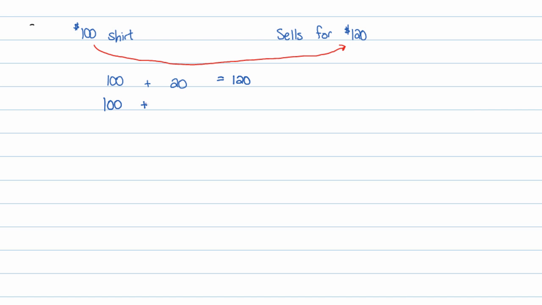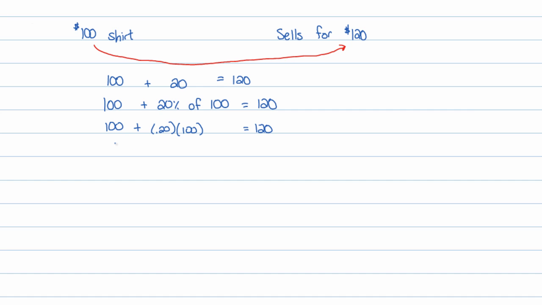Talking in terms of 100s makes it very easy for people to do these problems. So 20% of that 100. Well, let's get even more mathy here. 20% of means 20% times, or 0.20 times. So this is just the same thing as saying 100 plus 0.20 times 100 is equal to 120.